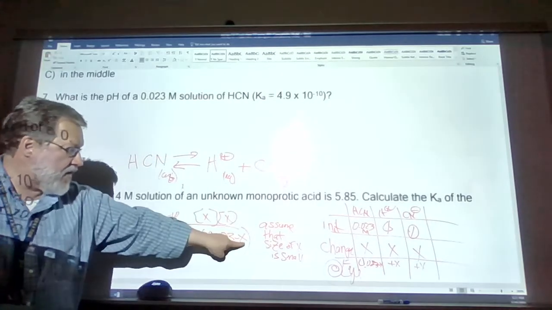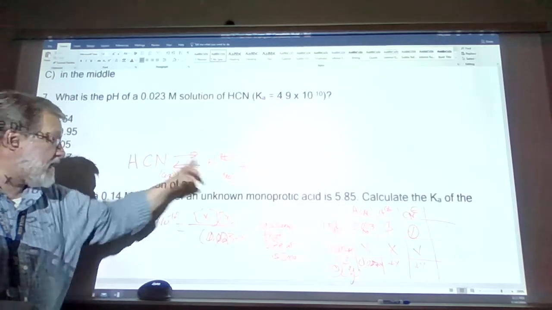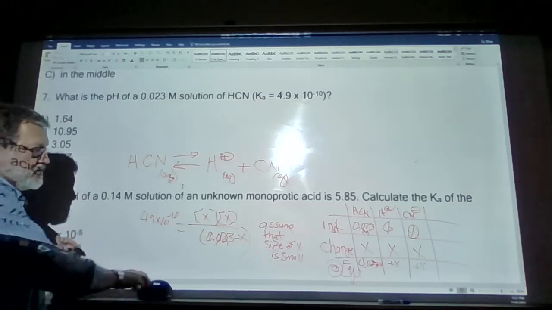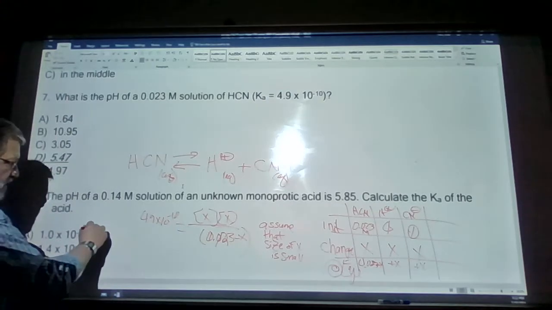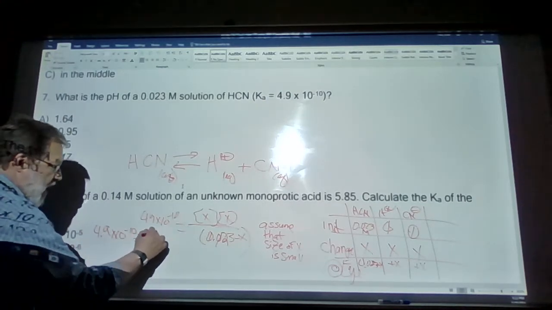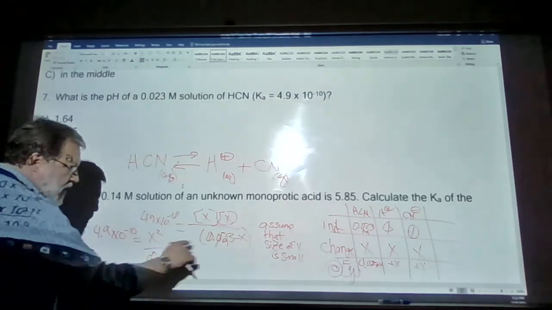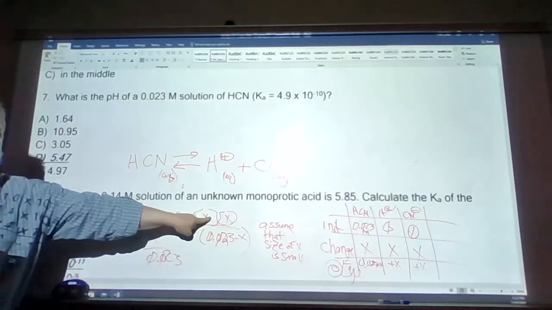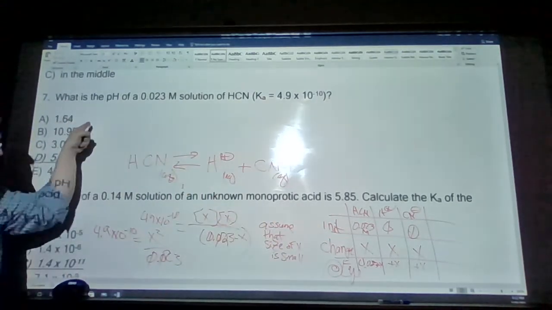But we're saying whatever happens, the amount of HCN that ionizes is small. Therefore, we can neglect the X. So if we neglect the X, this becomes 4.9 times 10 to the minus 10th equal X squared over 0.023. We're dropping this X term on the bottom. Notice we're still leaving it on the top. We still have to calculate how much H plus, or else we can't get to pH.